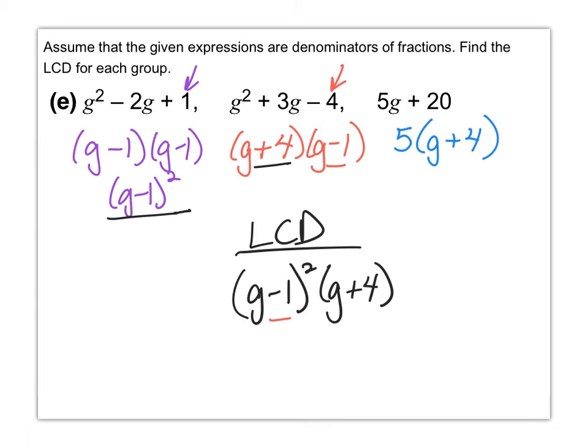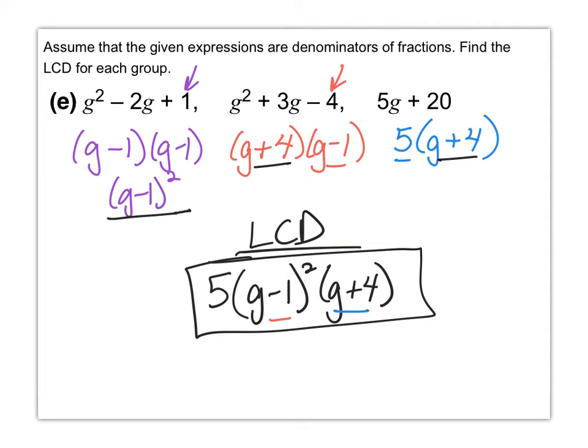We don't need to add that again. We have a 5 here as part of our LCD. And then the g plus 4 is already represented in this least common denominator. So our least common denominator for all three of those expressions would be 5 times the quantity g minus 1 squared times the quantity g plus 4.